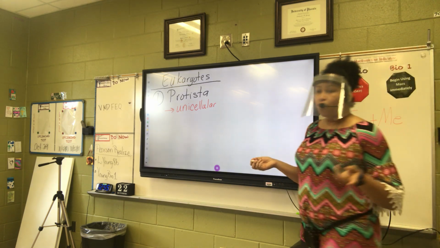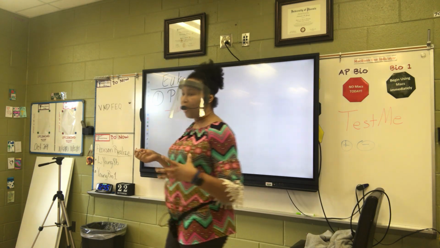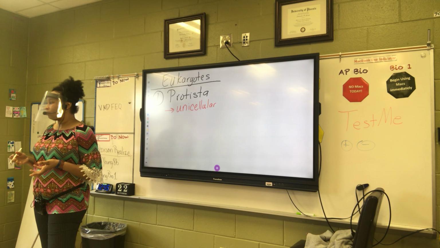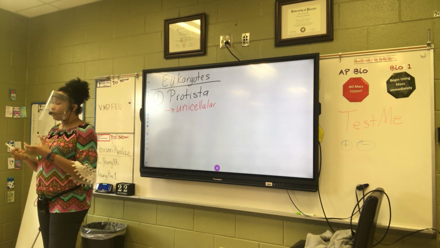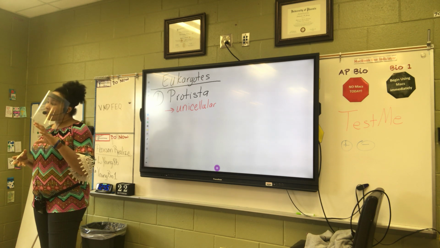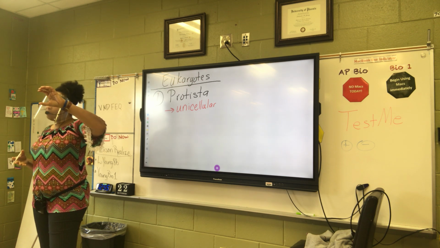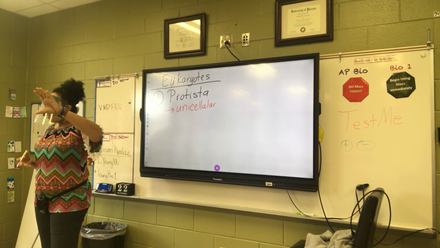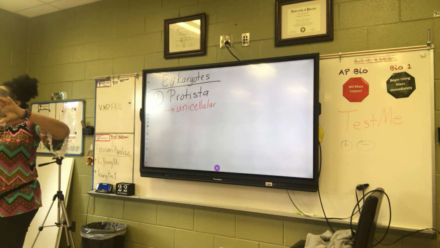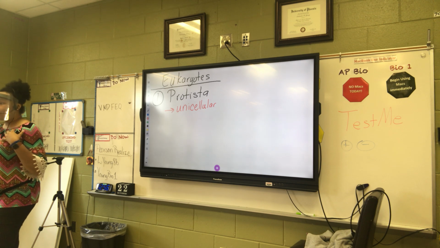Many are going to live in water, and they have what's called contractile vacuoles. Now, what's a vacuole? It's a storage container. It stores what? Water, waste, and stuff like that, right? But a contractile vacuole is a vacuole that has the ability to squeeze and release. Because if I live in water and I'm a single cell, if too much water gets inside, what's going to happen to me? Blow up.